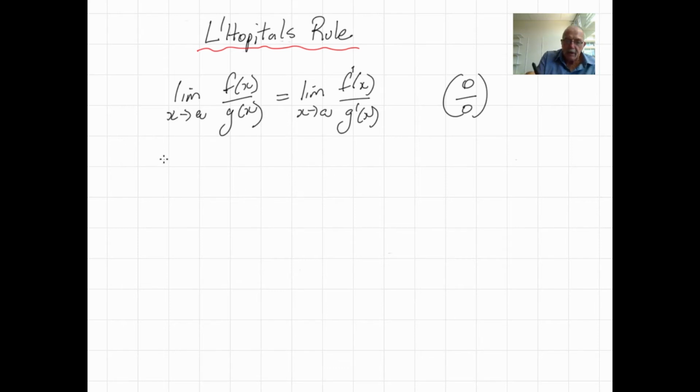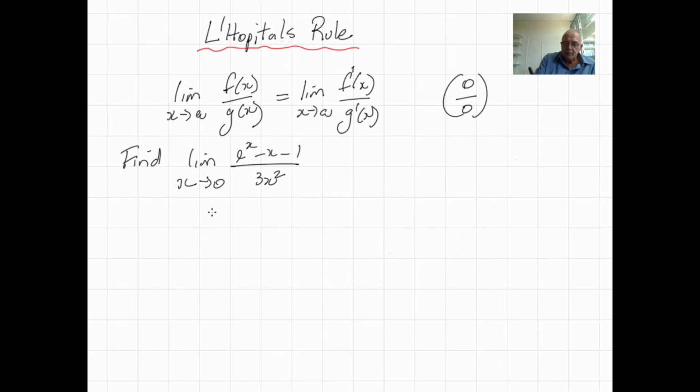So find the limit as x approaches 0 of e to the x minus 1 all over 3x squared. Now the first thing I've got to check is that when I put x equals 0 in the numerator, I'm going to get 0 and I'm going to get a 0 in the denominator as well.